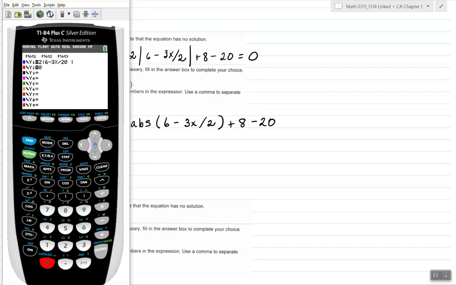I hop out, and for some reason my calculator is wanting to put in some zeros. Let me see if I can get it fixed. All right, so I have 6 minus 3x divided by 2. Then I have a plus sign, 8, and a minus 20. And I just was lazy. Positive 8, negative 20. I could have a negative 12 there, but I didn't. I don't remember what window it is, but we'll see if I like it. I think it's going to work just fine.